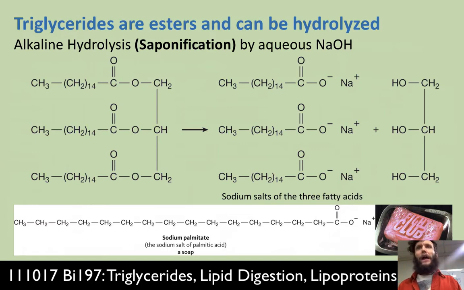And so it's more amphipathic than it would have been as a fatty acid, and it's very good as a detergent, all right? Very good at emulsifying a greasy, fatty dirt or what have you. So this is done with sodium hydroxide, and you can reconstitute the glycerol on the other side.